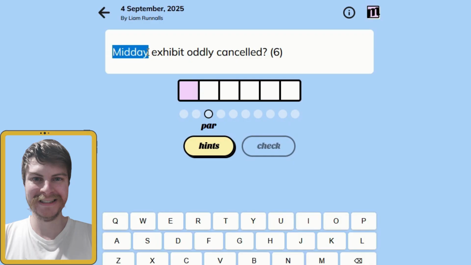Midday could be the definition, or I could take the middle of day, which is A. But let's see, the odd letters of exhibit is A, H, B, and T, and that's not enough letters to make a word.